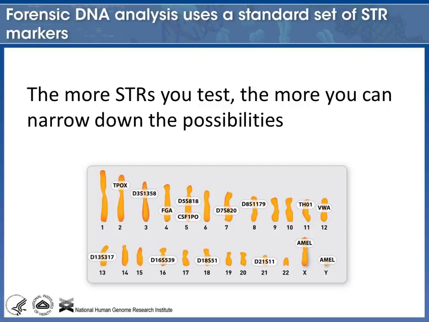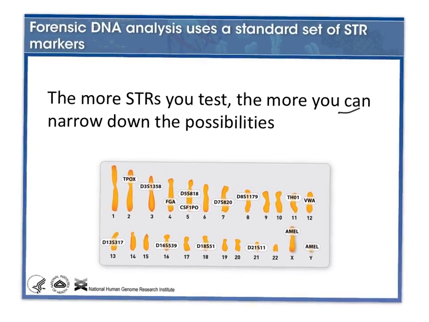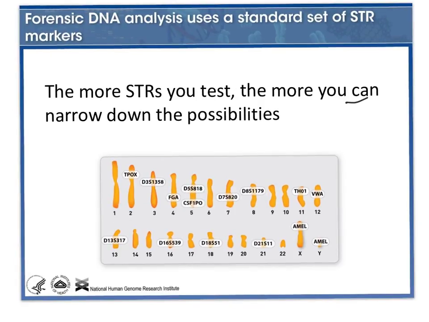Okay. Now, I mentioned that the more short tandem repeats you test, the more different variable regions, the more you can narrow down the possibilities of who's related.